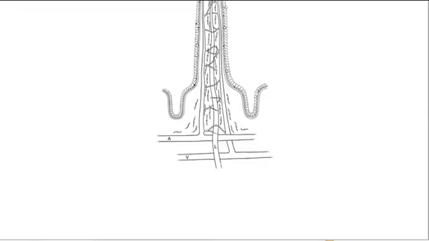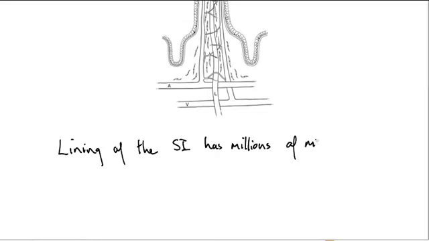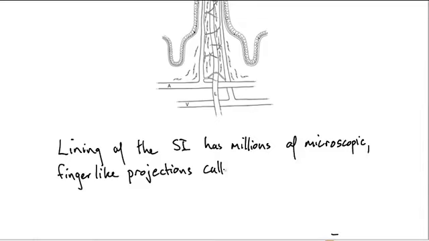So the lining of the small intestine has millions of microscopic finger-like projections called villi, or villus singular.